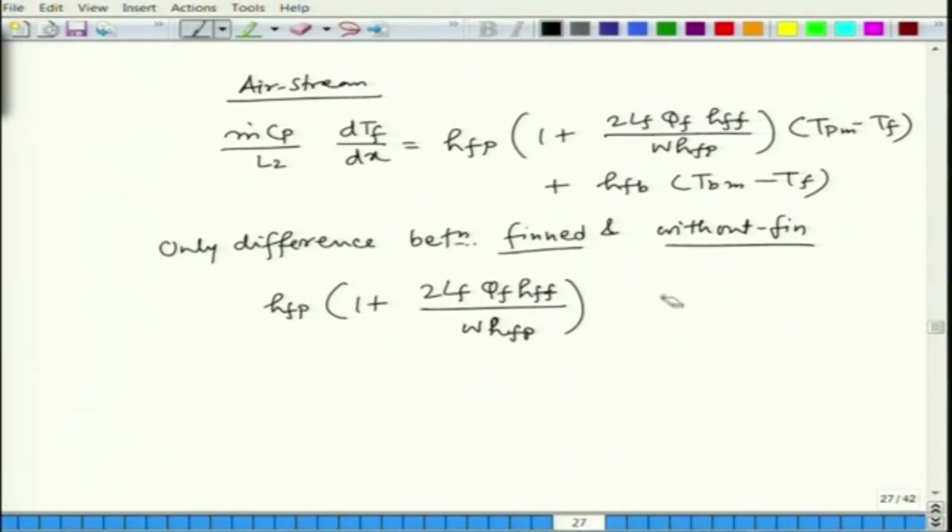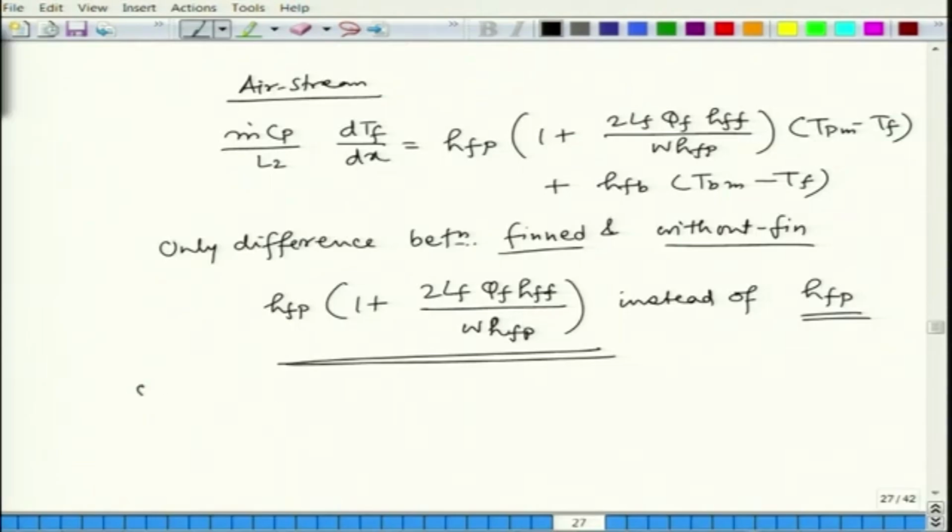Okay, instead of HFP. Without fin, what you had? You had only this HFP. Now, for the fin case you have modified this HFP by this. Okay.